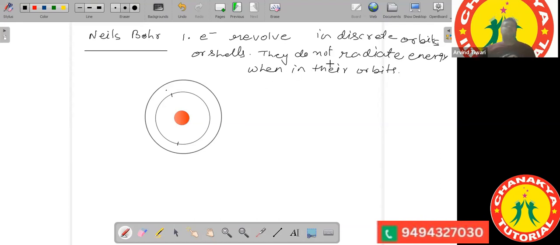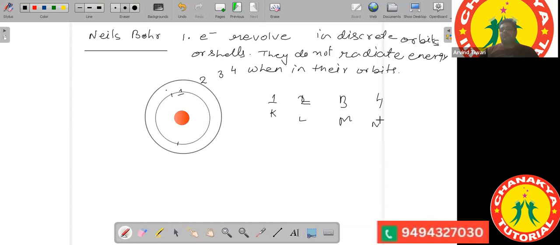This is your first orbit, then you have the second orbit. Similarly, you will have your third orbit, then the fourth orbit. In this way, there were a number of possible orbits. The first orbit was called the K shell. The second orbit was called the L shell. The third orbit was called the M shell.